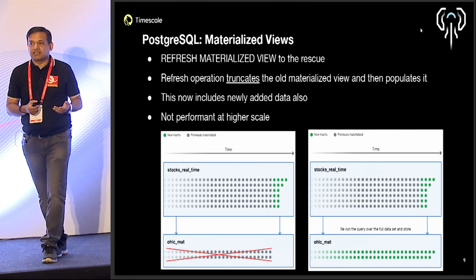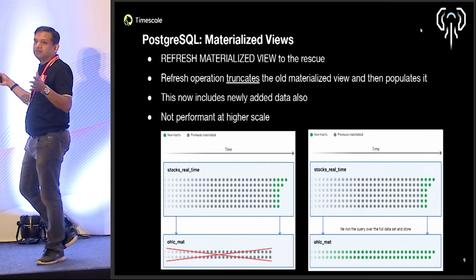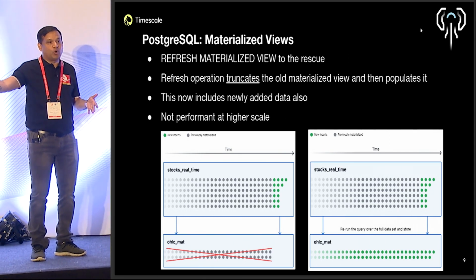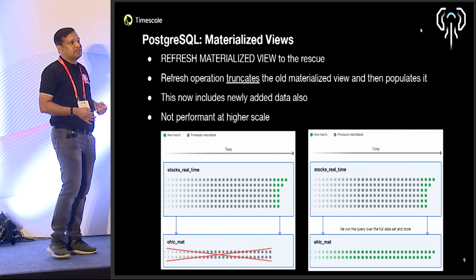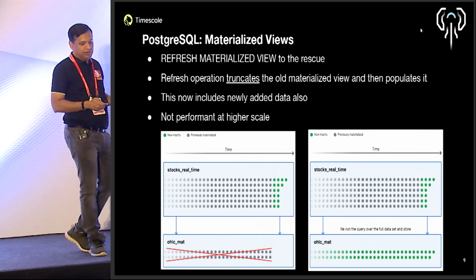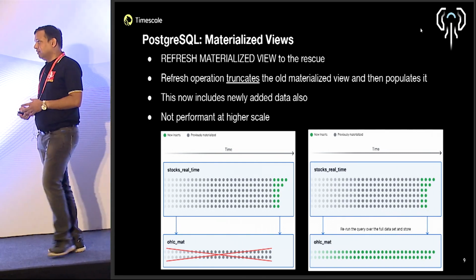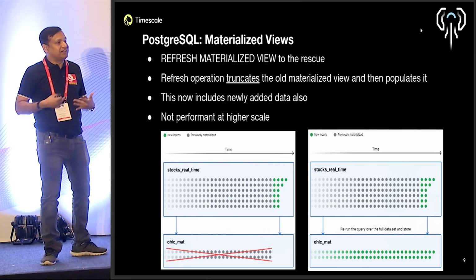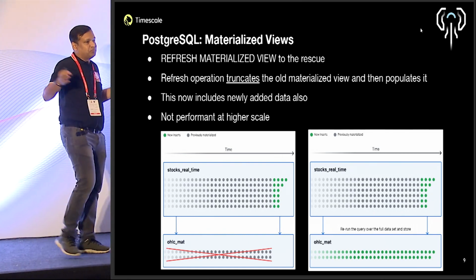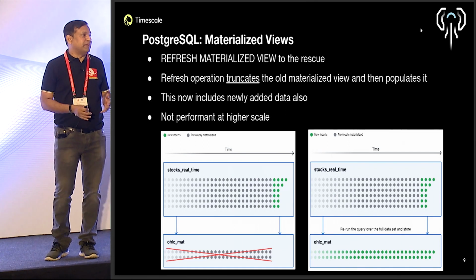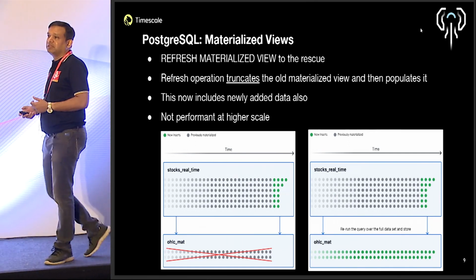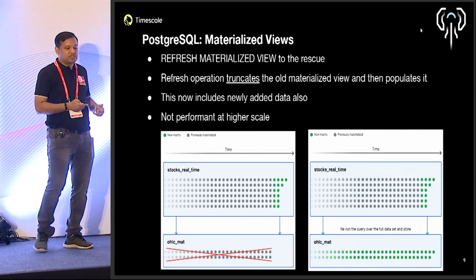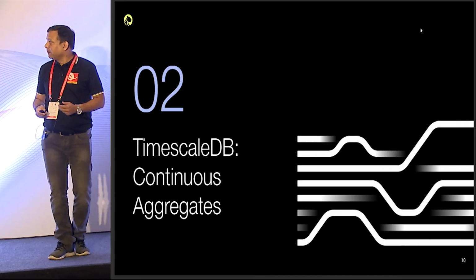What that does is it basically truncates the old materialized view, reruns the entire query at the current point in time and then replaces the old view with the new. But again, this works only to a certain level. What if you have frequent data changes, maybe you're adding millions of rows in one day? How do you deal with that? The refresh materialized view cannot be run so frequently.